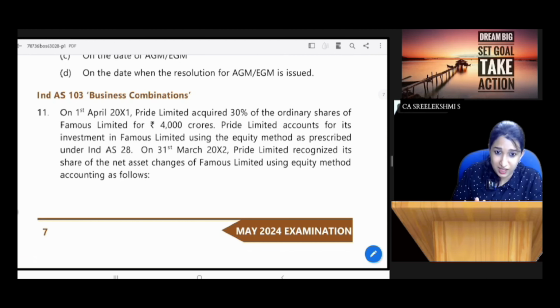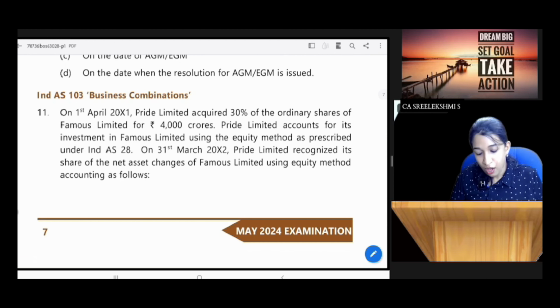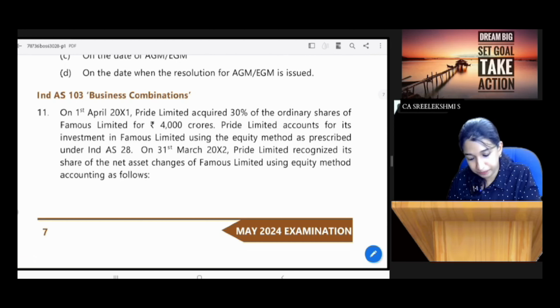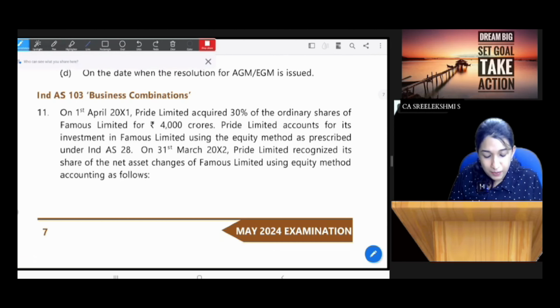It was an associate, step acquisition, acquired a further percentage. So what are the accounting treatments? Let's see quickly. This type of question was already asked in May 2019. On 1st April 2011, Pride Limited acquired 30% of the ordinary shares of Famous Limited for 4,000 crores.